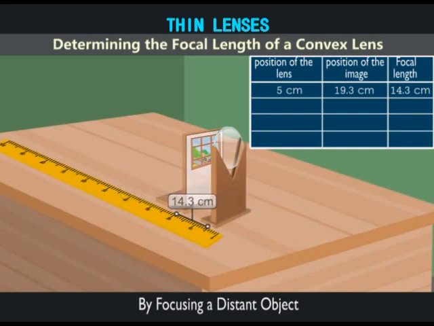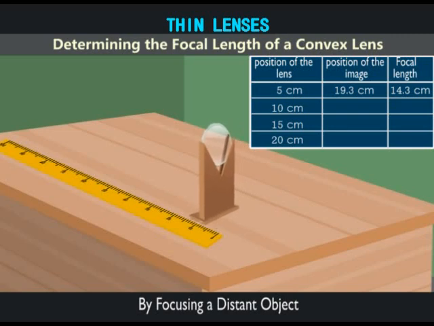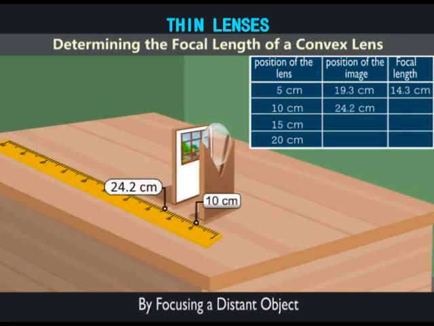We repeat the experiment by placing the lens at the 10 centimeters mark, 15 centimeters mark, and the 20 centimeters mark. For the 10 centimeters mark, the image is formed at 24.2 centimeters. So the focal length is 24.2 minus 10, which is 14.2 centimeters.